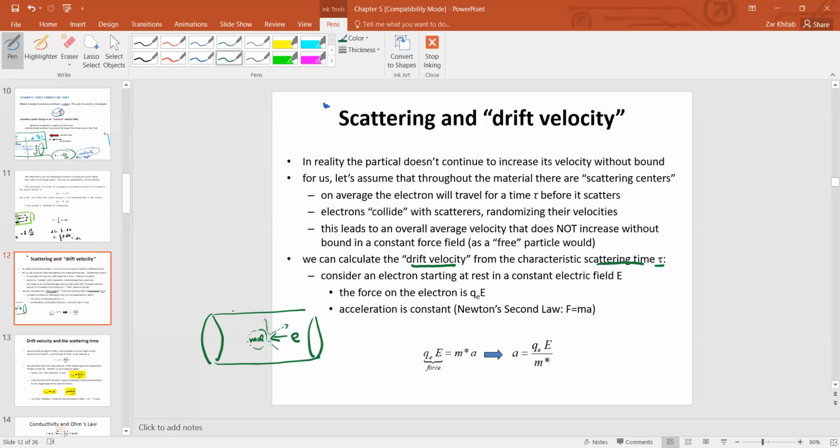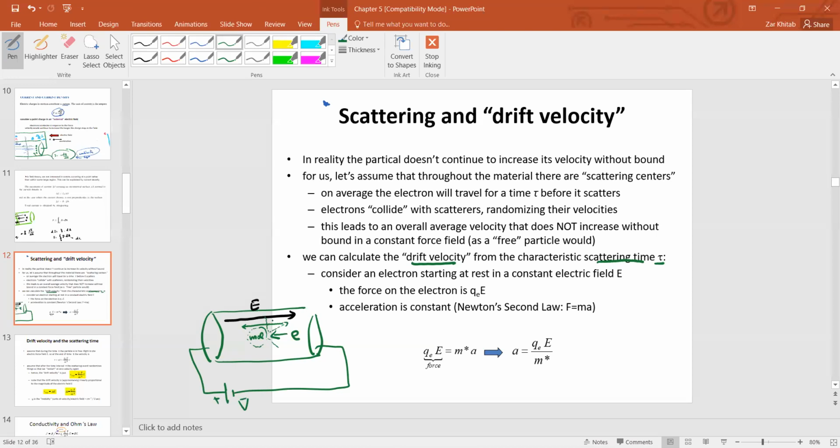But since we have a very strong electric field, the electron will again find its path to move after scattering. If this is the V plus and minus, there's an electric field, so there's a force on this electron.